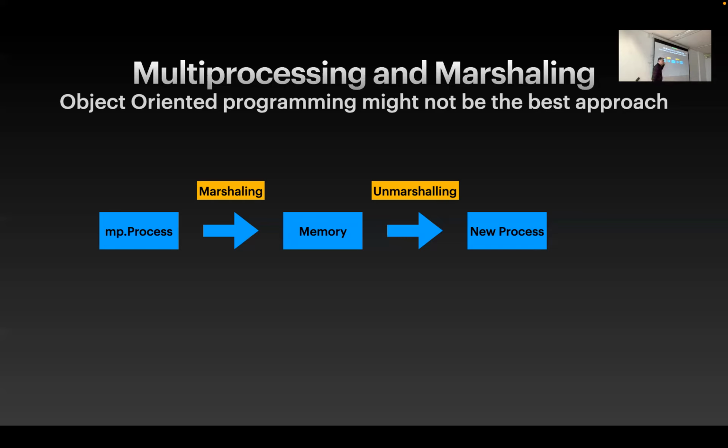So okay. If you do it like this, you create an MP process in the main thread, and then you try to marshal it and put it in the new thread by using start on this process that you created and initialized in the main thread, then it will undergo pickle, and then it will undergo a lot of problems when you start trying to pickle stuff that is not pickable. That's basically the problem.